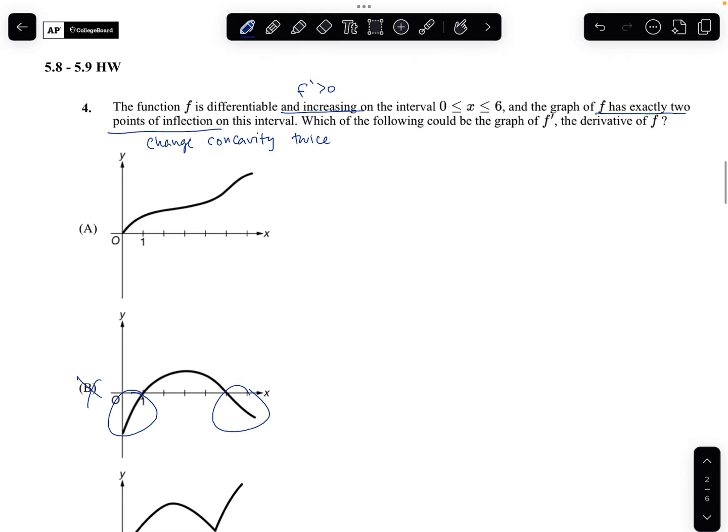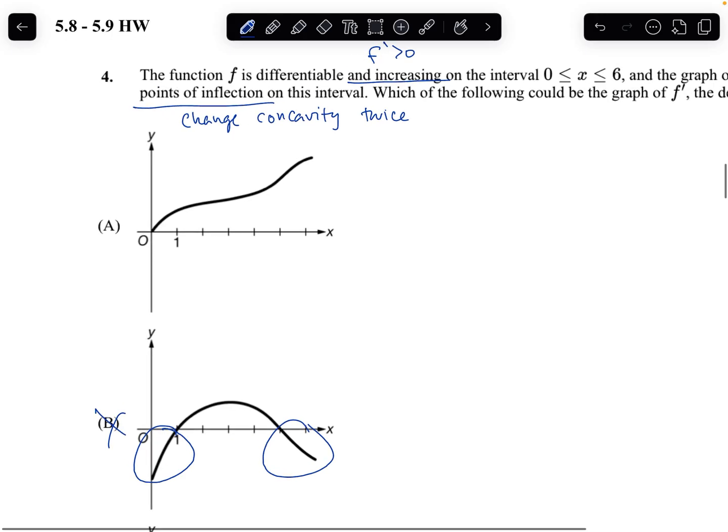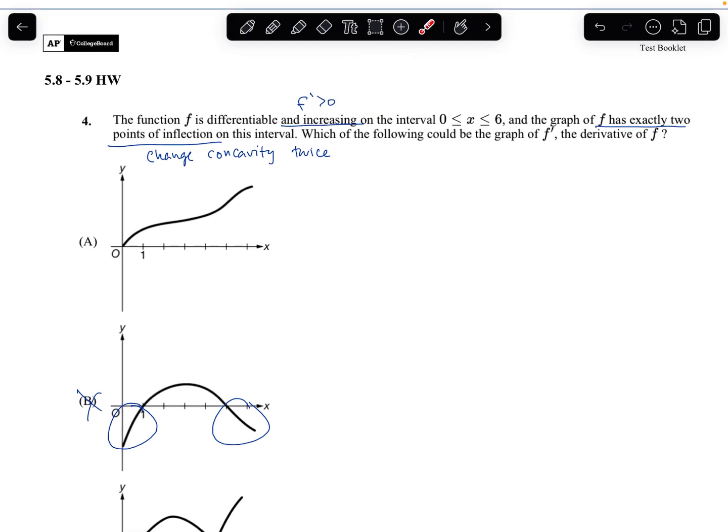All right, and then we also need to change concavity twice. So what am I going to look for here? Here I see that we're concave down. You can see that because the slope is starting to decrease, but then at some point here it starts to increase, and then it starts to decrease right there. So I guess that could be an answer.